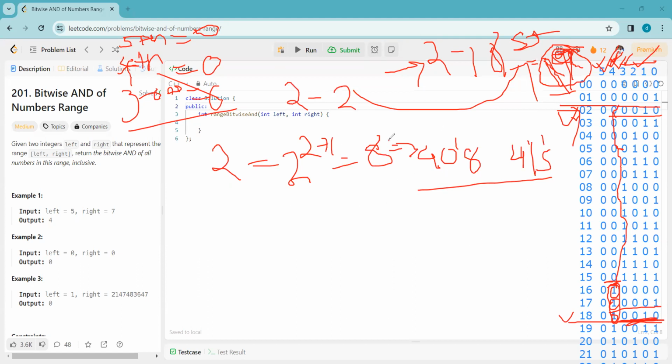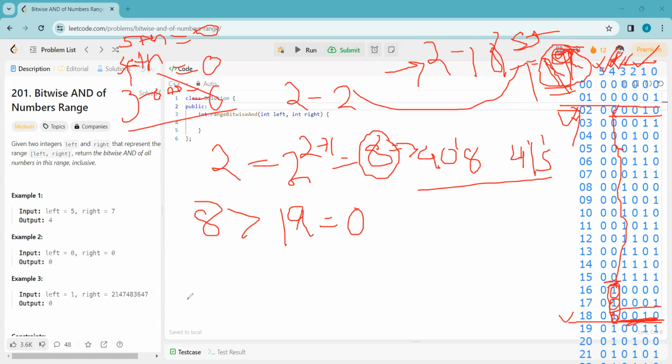So we will see whether this range is greater than 8 or not. Since our range 19 is greater than 8, it will always be 0.